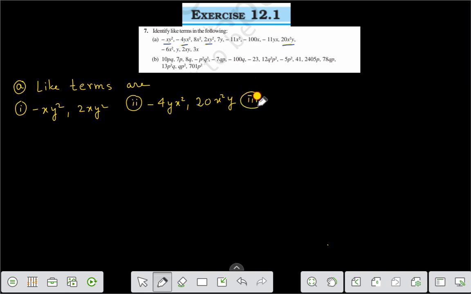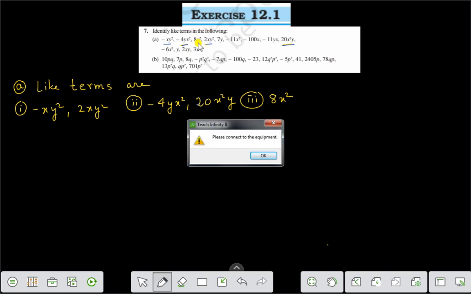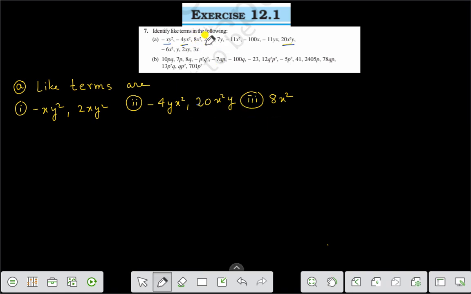Now number 3 is 8x square. You will find x square term here, minus 11x square.